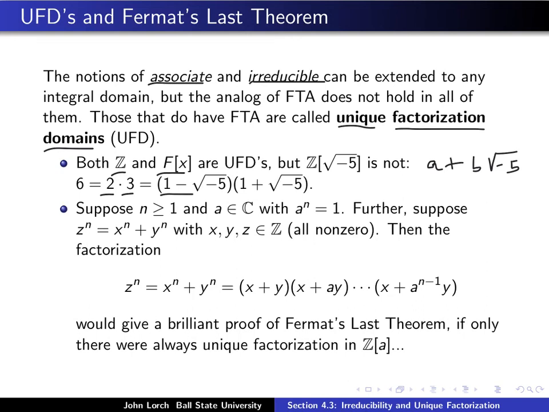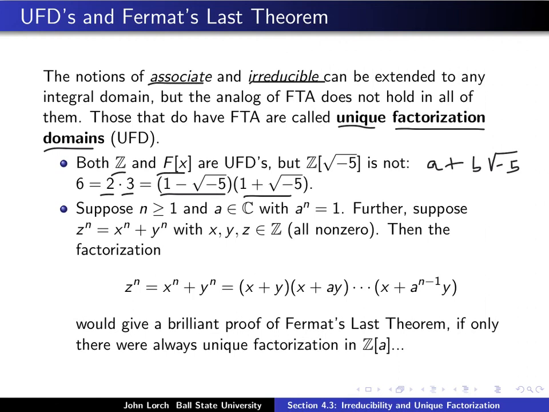We can also write it as a product here, 1 minus root of -5 times 1 plus root of -5. That is also a product of irreducibles. And none of these objects, 2, 3, 1 minus root of -5, and 1 plus root of -5, none of them are associates of each other. So FTA fails in this particular ring.